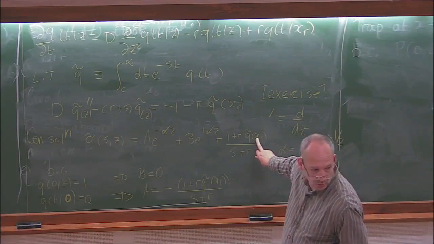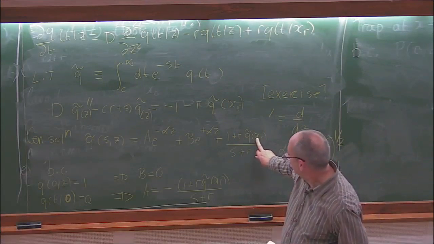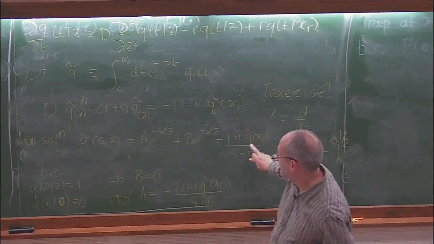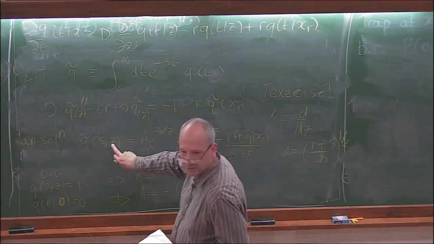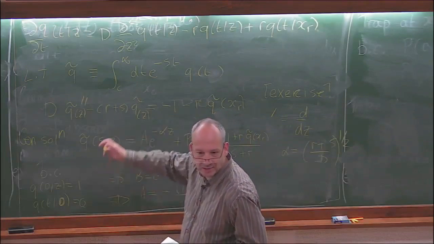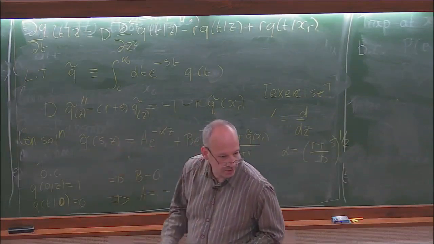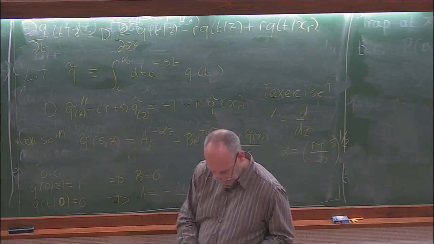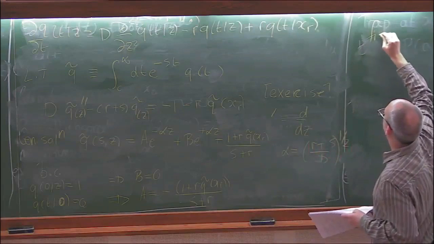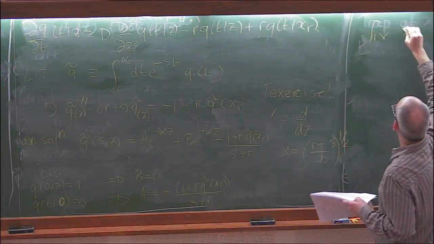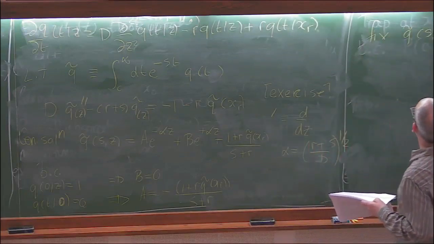All we need to do is, we've got Q tilde for general z. If we just put z equals x_R, then we get a self-consistent equation for Q tilde at x_R. So I'll let you do that: fix Q tilde of S, x_R self-consistently.